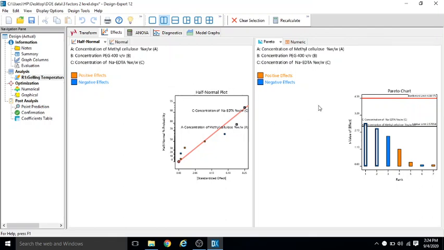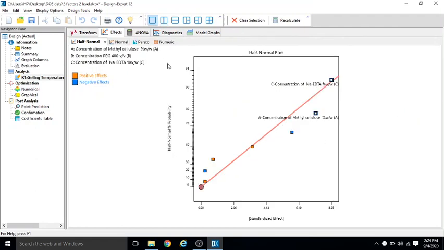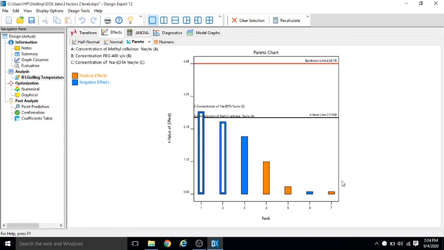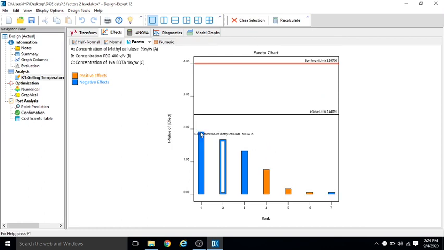So this is the half normal plot. The Pareto plot is very important to understand the most significant factor.